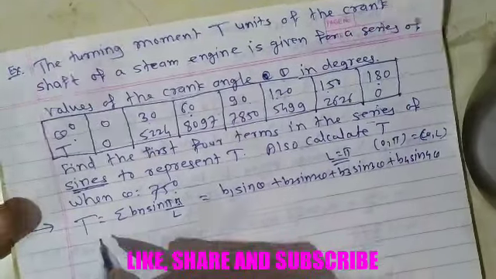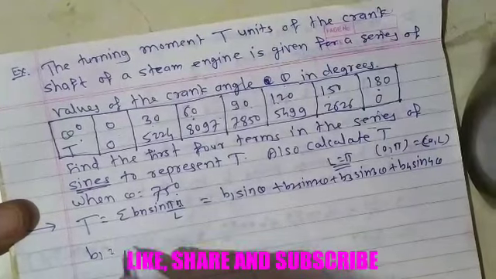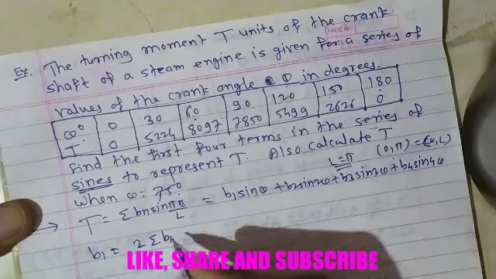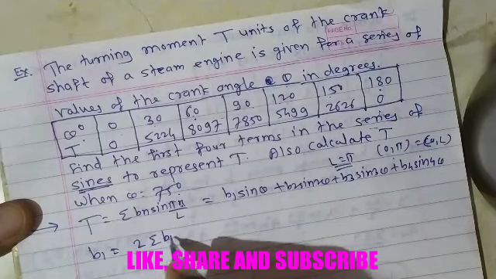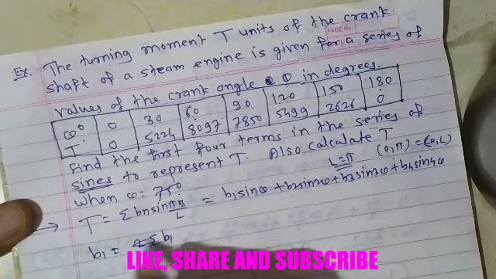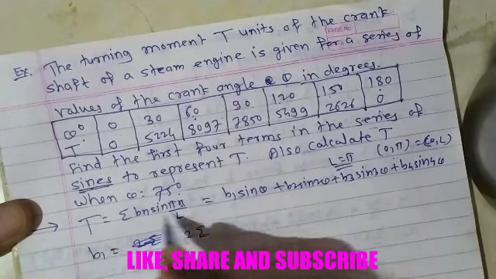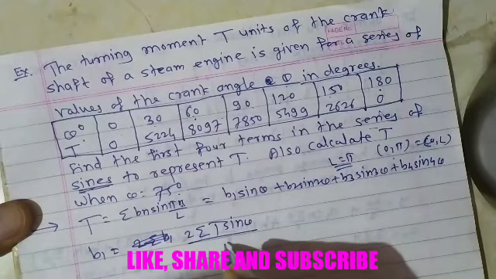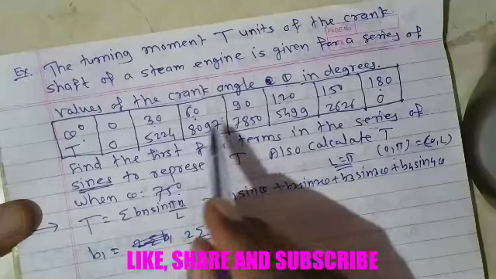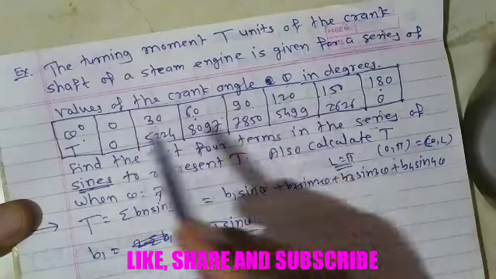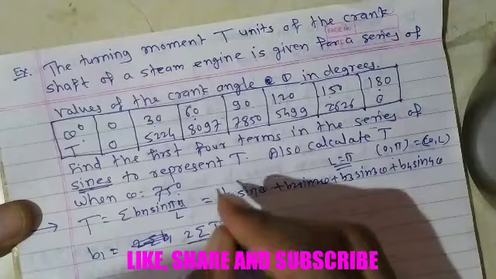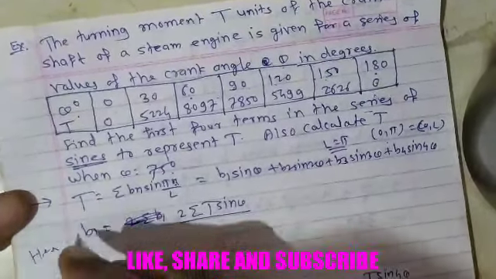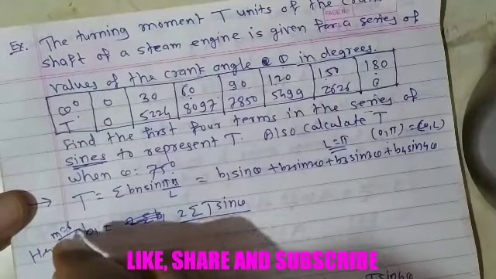So we have to find b1, b2, b3, b4. What is the formula? b1 is equal to 2 times the summation of y, where y is here t sin theta, upon m. M is here 1, 2, 3, 4, 5, 6, because the first and last values are the same. So here m is equal to 6.